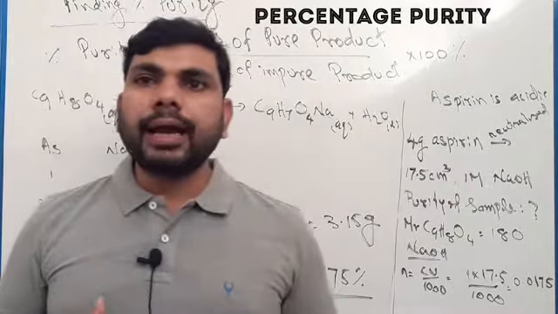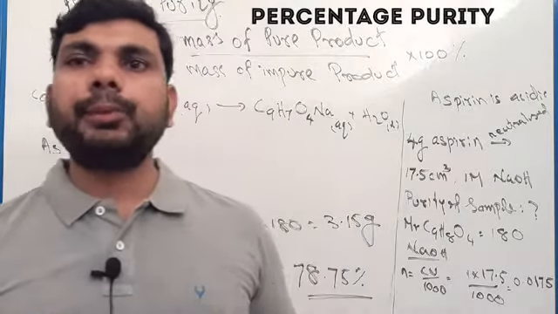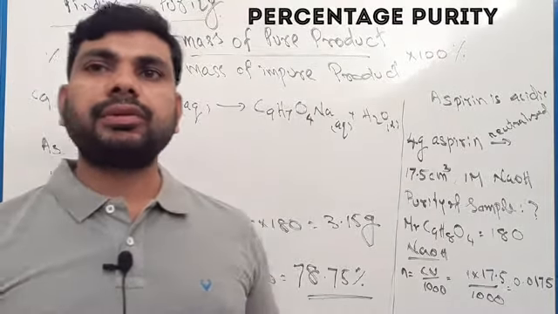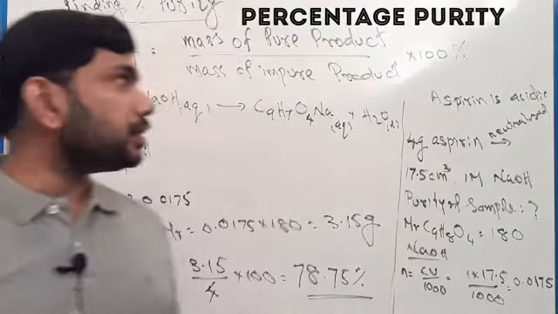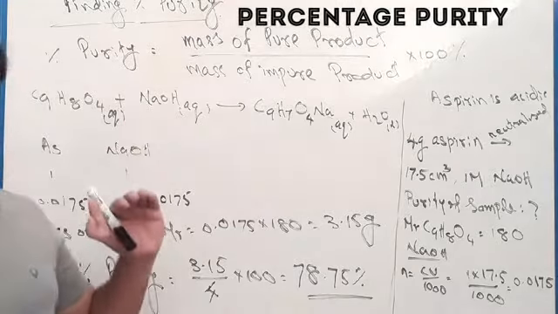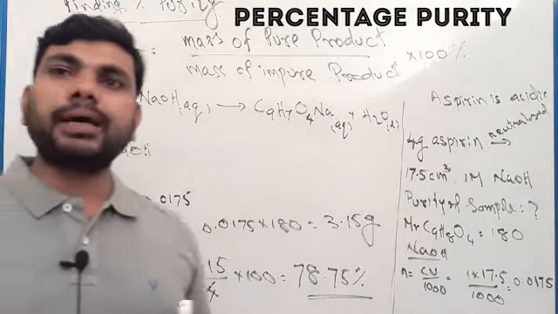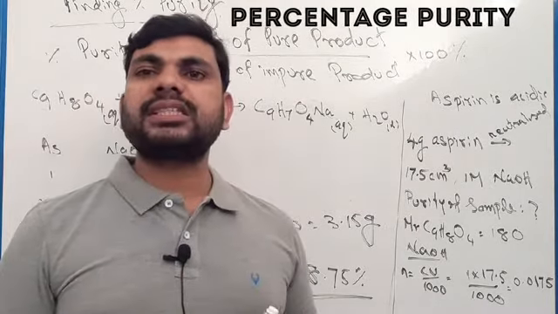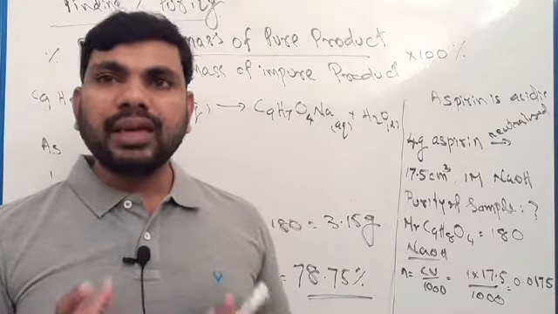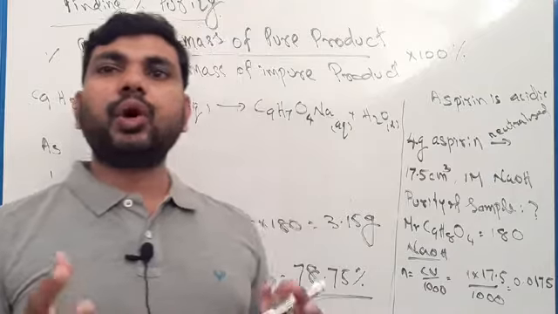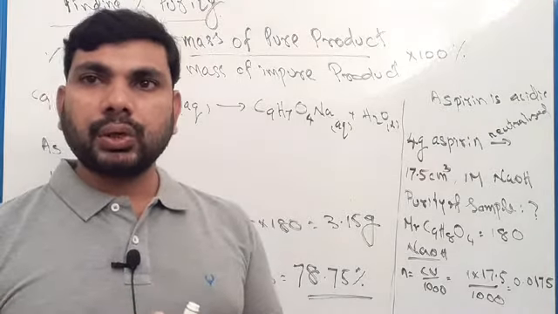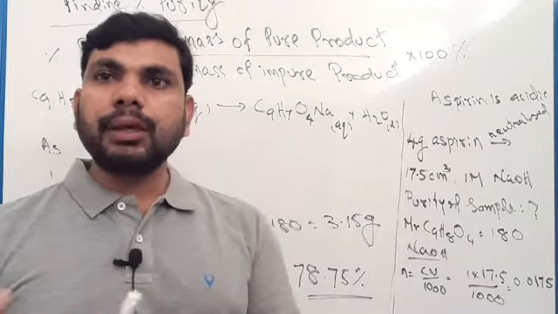Next one we have to discuss here percentage purity. To find percentage purity, we have mass of pure substance divided by mass of impure substance times 100. We have one chemical reaction. During chemical reaction we obtained a product, with some impurity.